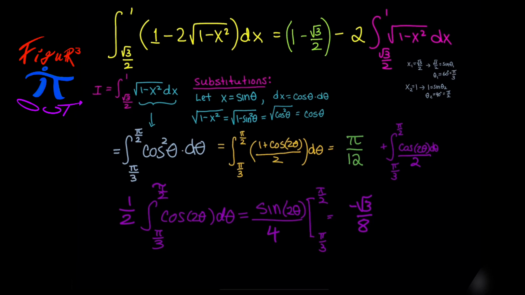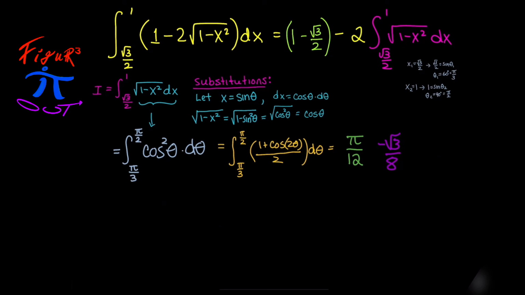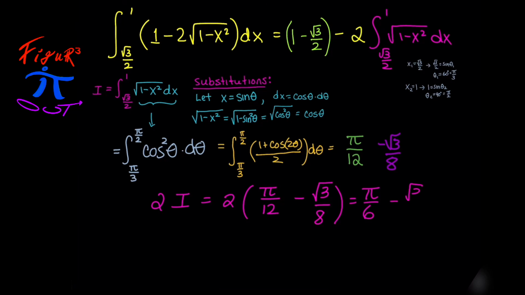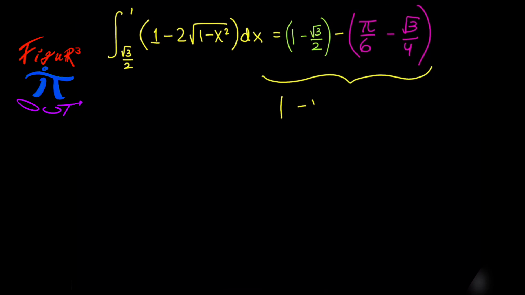Okay, so we've evaluated our integral here so that we've got now the second part to our equation. To find the shaded region now, we're going to put all of these values together. So 2 times the integral would give us pi over 6 minus square root of 3 over 4.